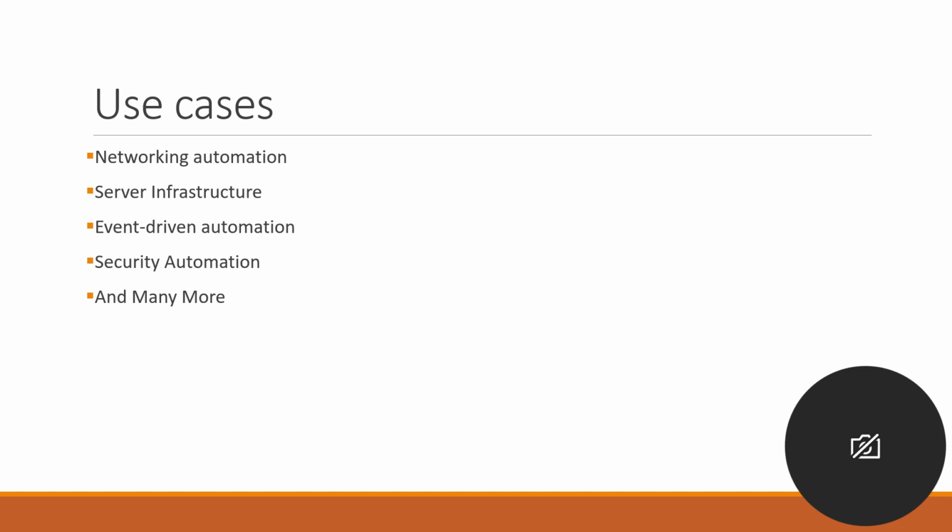Next is server infrastructure. Ansible has the goal of spending less time managing and more time innovating on your infrastructure. Ansible allows you to reduce the time needed to manage infrastructure and give the IT professional the time to improve and work on more projects. So much of server infrastructure is managing all the servers you have, which can consume a lot of your time.